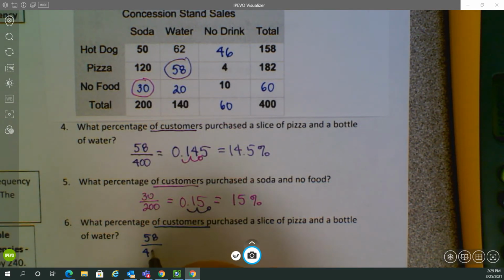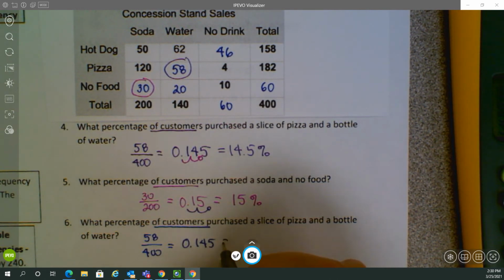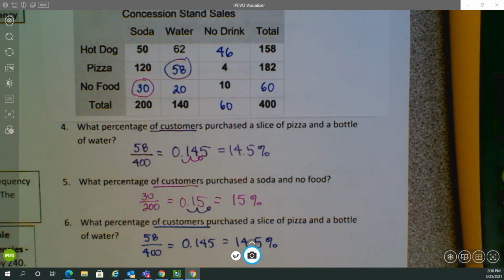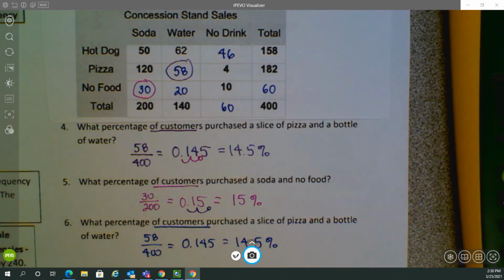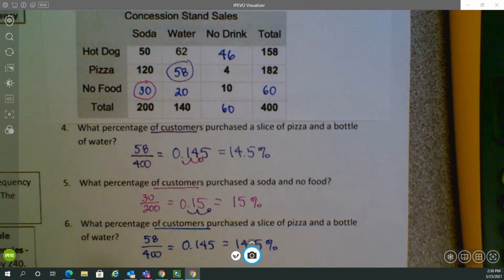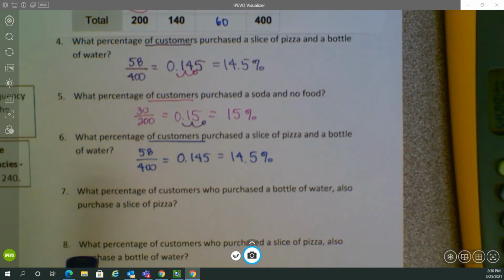So 58 divided by 400. We already found this as 14.5%. And it took me a minute. I thought, why are we repeating this question? But I remember why. Okay, so far all we've done is look at the percentage out of the number of customers. So we've looked at a denominator of 400.